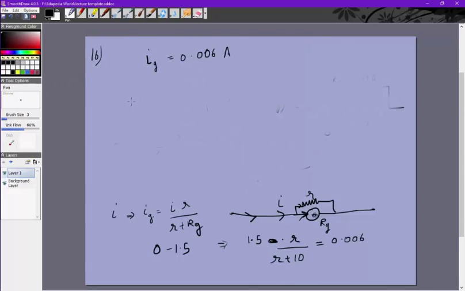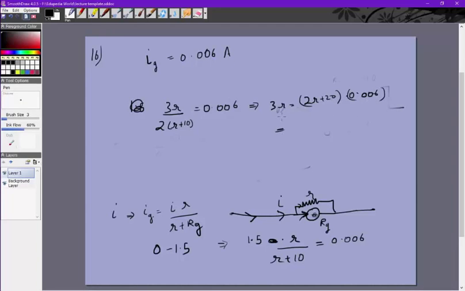So the equation is 1.5, or 3 by 2, times r by r plus 10, is equal to 0.006, which means 3r is equal to 2r plus 20 times 0.006.